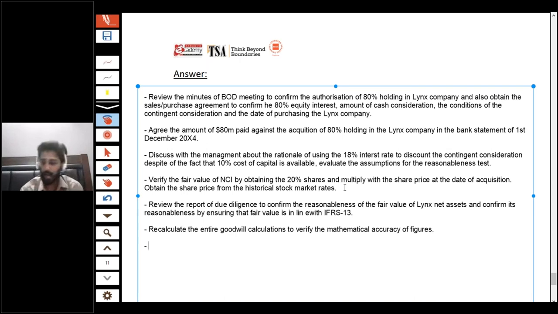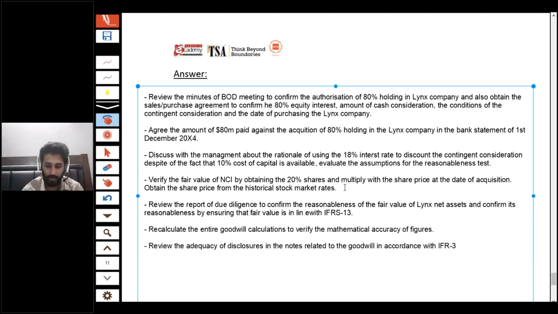And at the last but not the least, I will be writing that ensure that complete disclosures of goodwill in accordance with IFRS 3 business combination. So review the adequacy of disclosures in the notes related to the goodwill in accordance with IFRS 3 business combination.